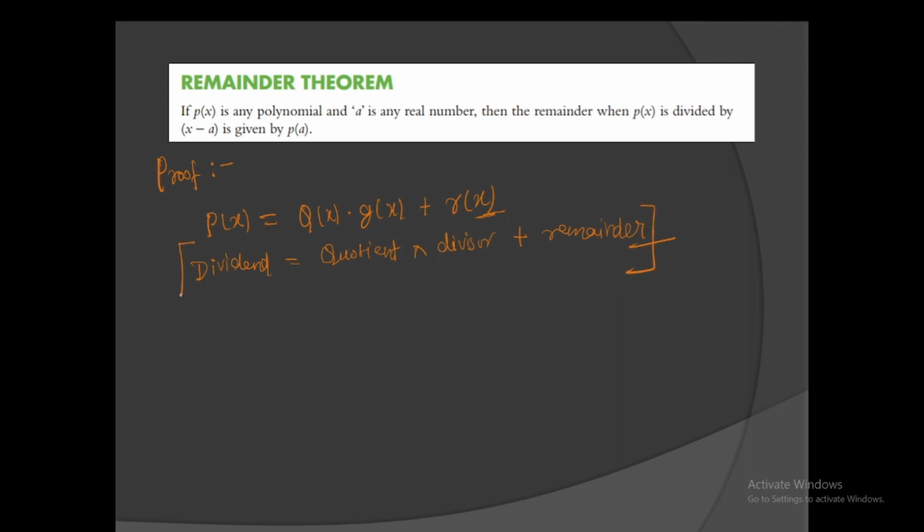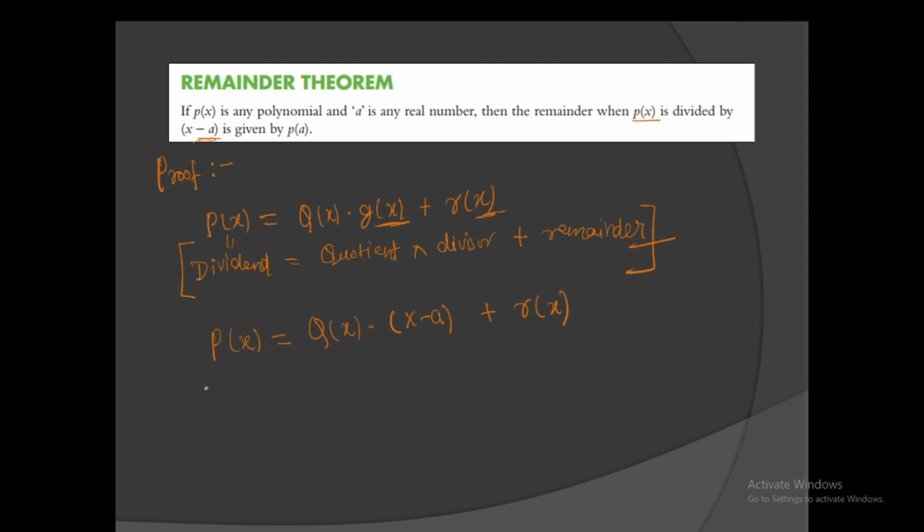This is our division algorithm. Here p of x is our dividend, the thing which we are dividing, and what we are dividing by is x minus a, so our g of x is x minus a. So let me write it again: p of x equals q of x, which we don't know, times x minus a, plus r of x.